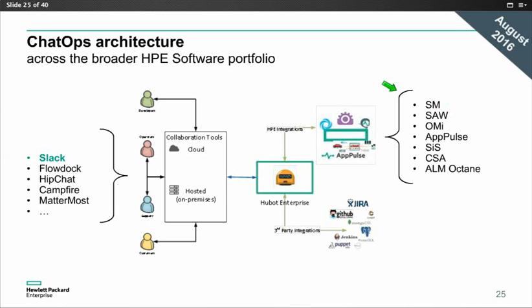There are lots of other HPE software products that are also plugged into the ChatOps capability. We have Service Manager, Service Anywhere, Operations Manager, and these other ones, all with similar integrations, and of course lots of third-party ones as well. That's really the benefit of getting the users of all of those tools into a central place to do collaboration in the scenario that we care about here, quickly resolving that major incident.